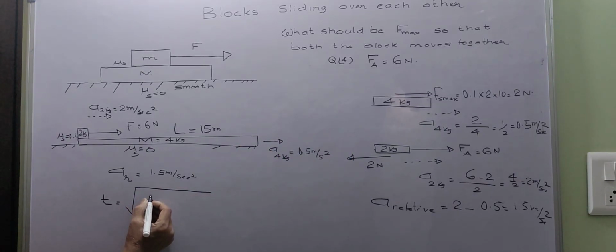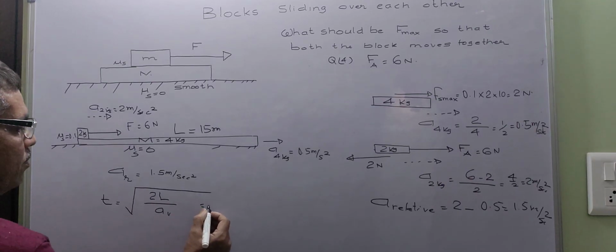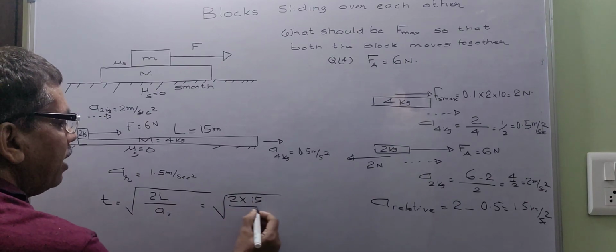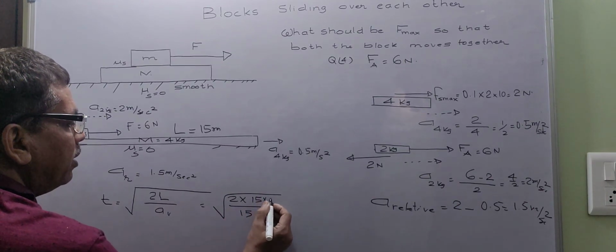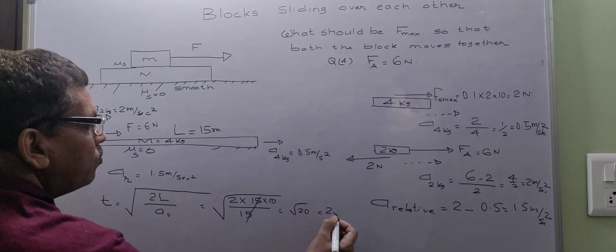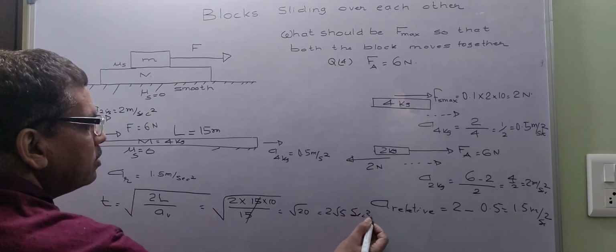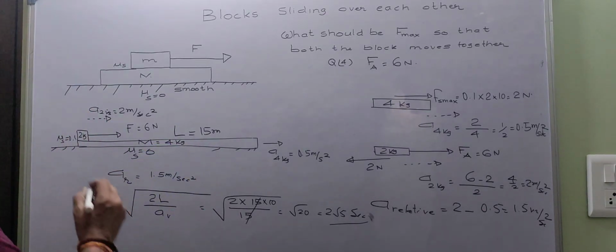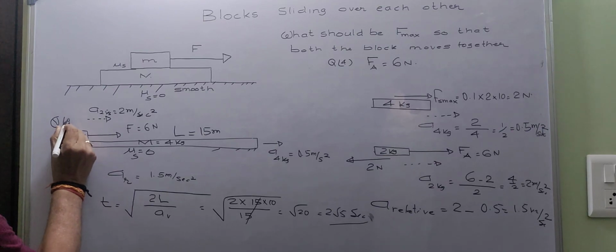I can write half a_R t square equals L, so t equals root of 2L by a_R, and this is 2 times 15 by 1.5, that is root 20, 2 root 5 second. That is the time after which this block will fall in the rightward direction. Is it clear? This is the fifth example we have taken.